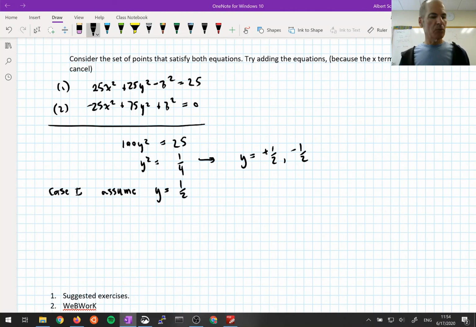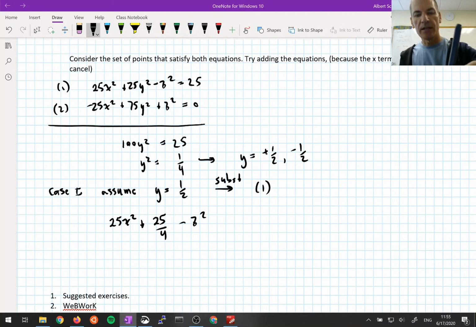So if y is equal to 1/2, let's go back up to equation 1 and substitute y equals 1/2. That yields 25x squared plus 25 over 4, right? Because y is 1/2, y squared is 1/4, minus z squared equals 25.